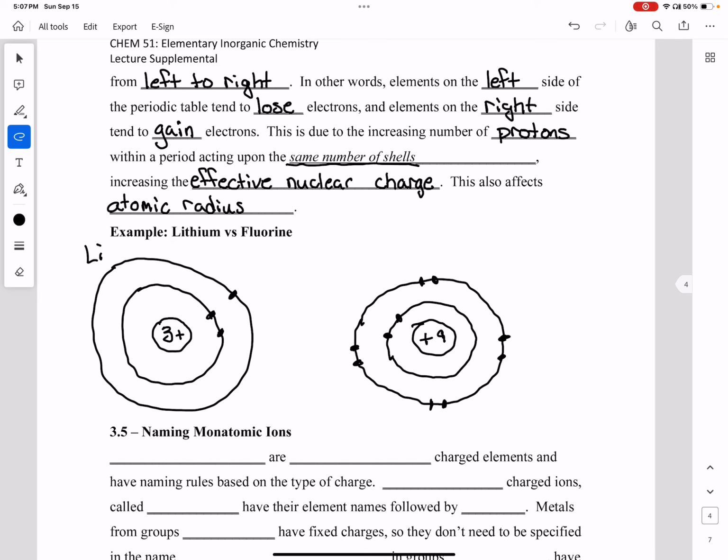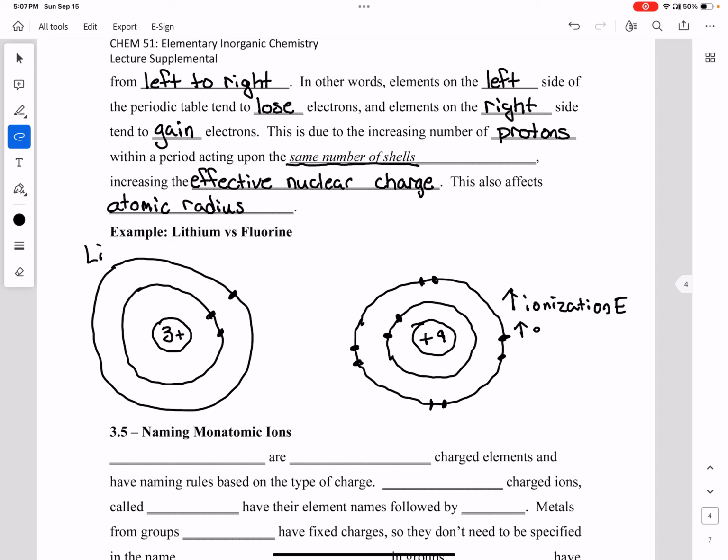So what we have here is increased ionization energy. I'll just put E for energy, because those outer electrons are being held on so tightly by this +9 nucleus that it's harder to remove them.